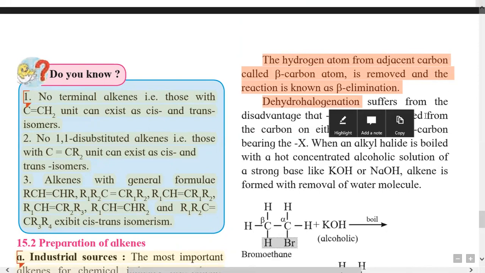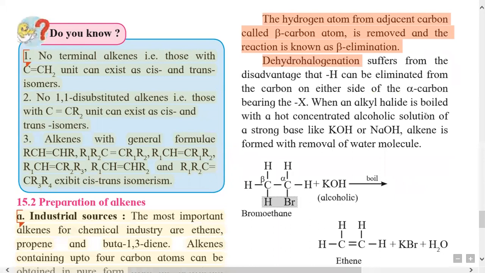Remember this well again. What is beta elimination? In the dehydrohalogenation reaction, we remove the halogen atom from the alpha carbon and the hydrogen atom from the beta carbon. So the adjacent carbon is the beta carbon, and from that the hydrogen atom is removed or eliminated. Hence it is called beta elimination.